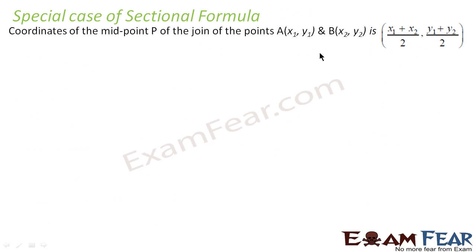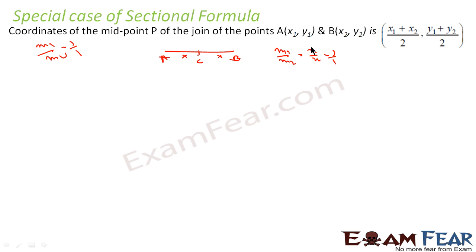There are some special cases of the section formula. If we are talking about the midpoint of 2 points, then m1 by m2 is equal to 1:1. Why? Because if you have 2 points A and B, then we are talking about midpoint C, and it is the midpoint. So if this is x, this is also x. So m1 by m2 will be equal to x by x, that's 1 by 1.